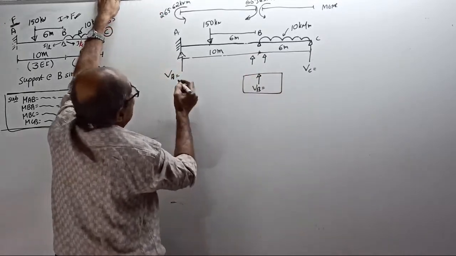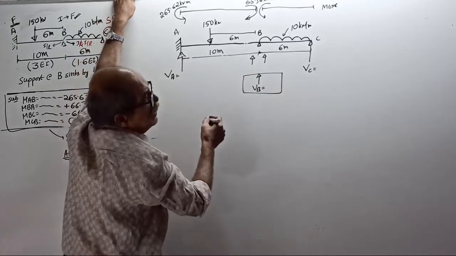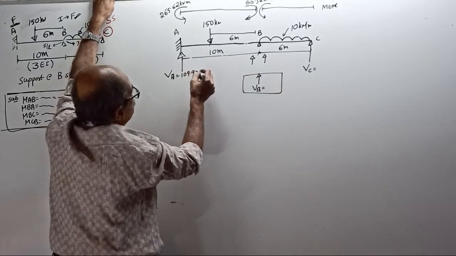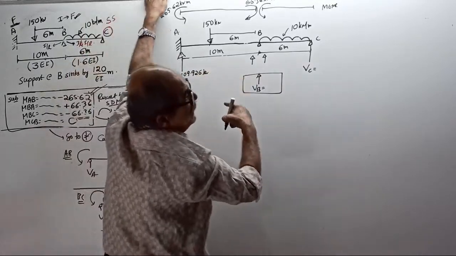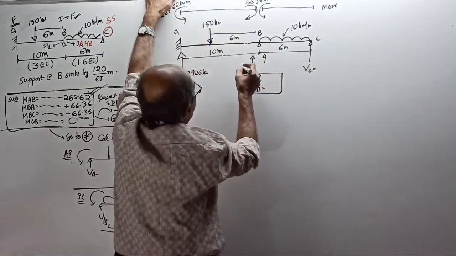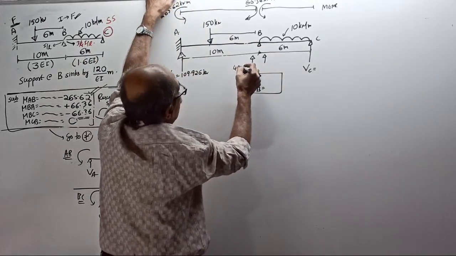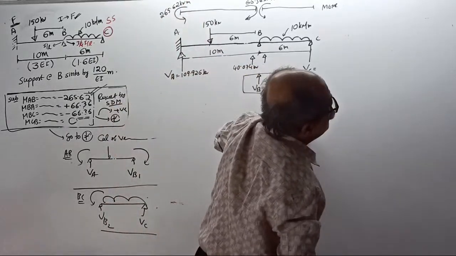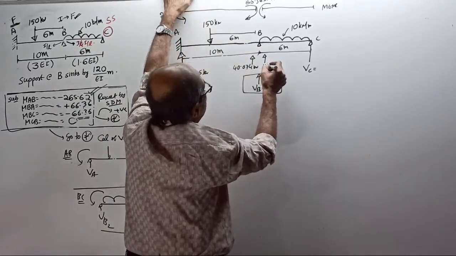Okay, start. VA I got 109.926 kilonewton. First VB I got 40.074 kilonewton. Next member I got 41.06 kilonewton.